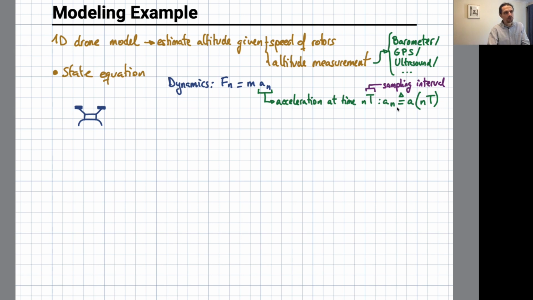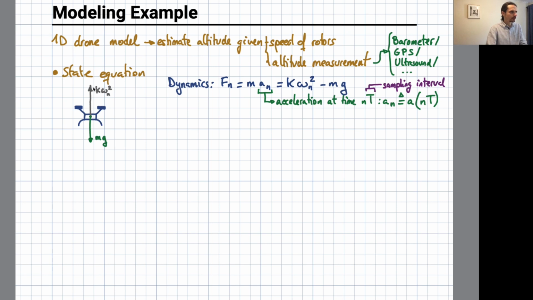If you don't remember these concepts, you can go to the first lectures of this course where we review them. There are two forces acting on this drone.